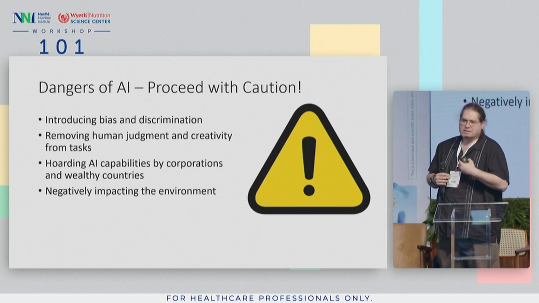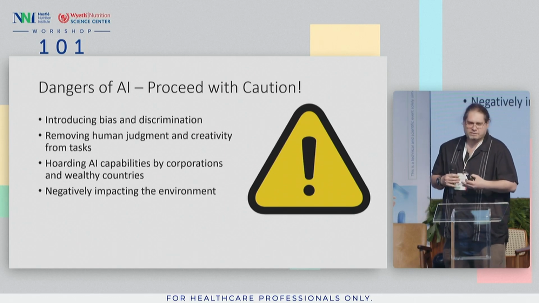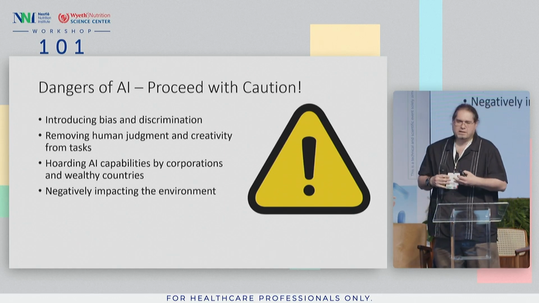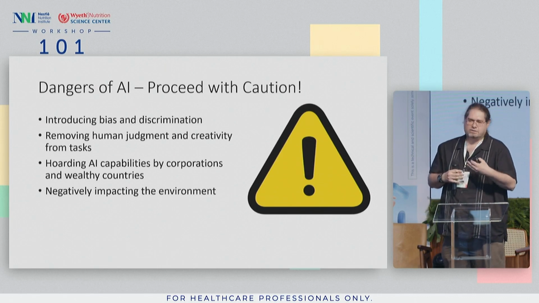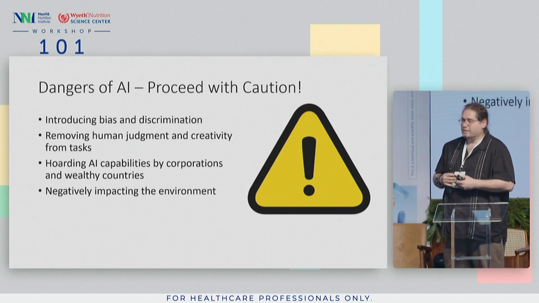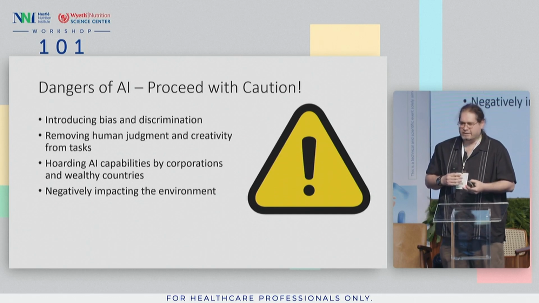Another risk is these systems are largely being developed by large and mostly American companies. And their agenda may not be the same as, say, global world health, these sorts of issues. And so we need to look carefully at who is inventing these technologies, who is controlling them, et cetera. There's also a negative impact on the environment.